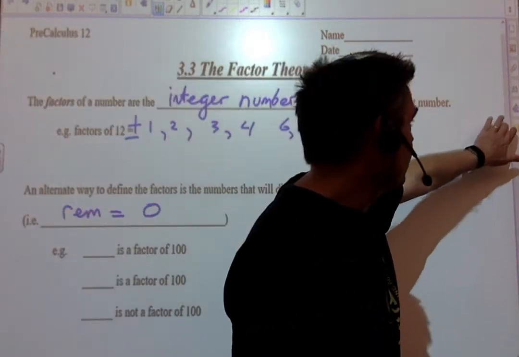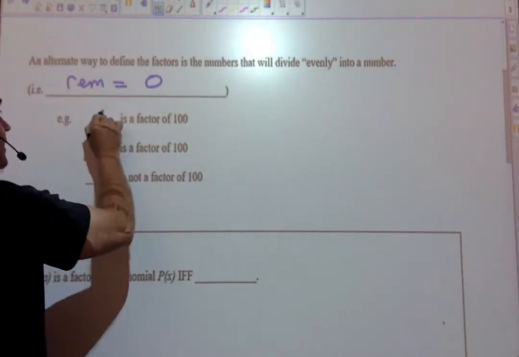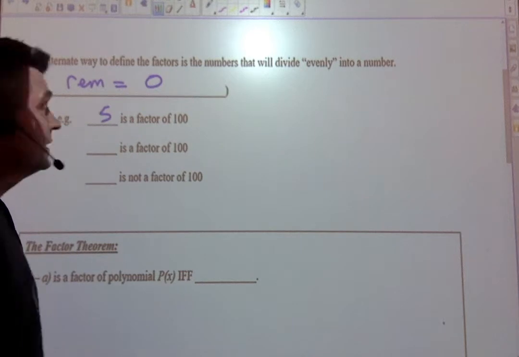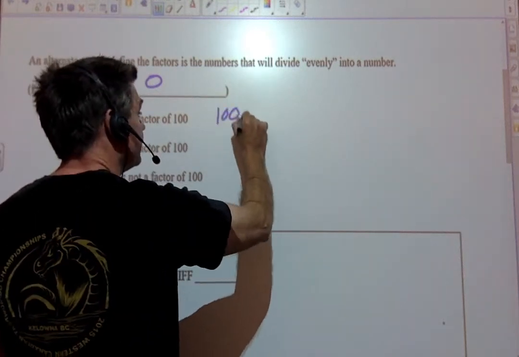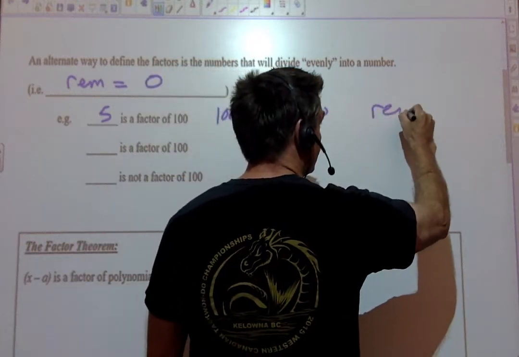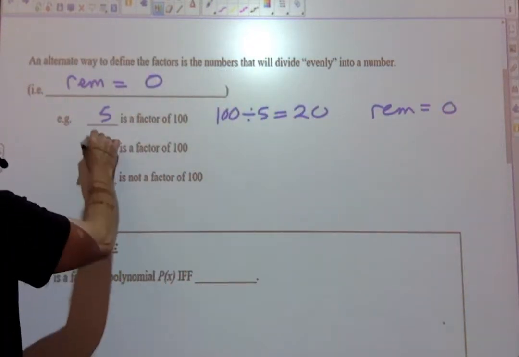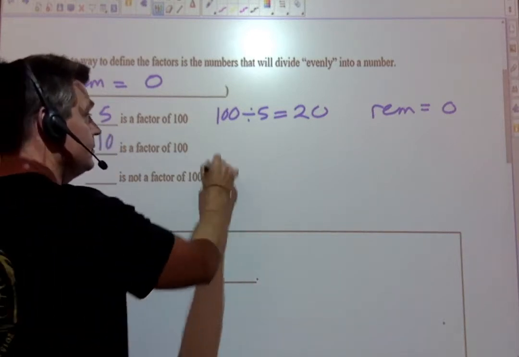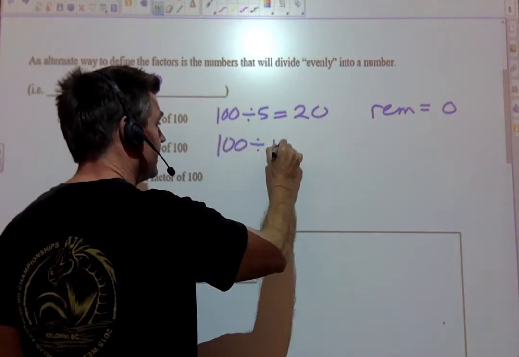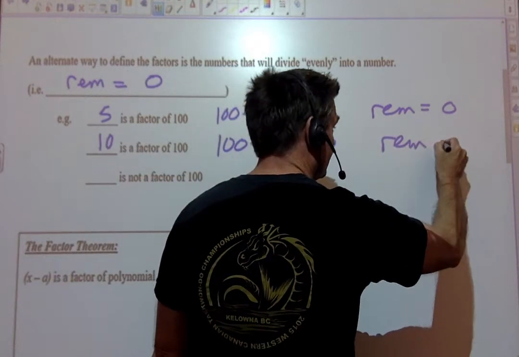So what do you mean by that? Well, let's think about it. 5 is a factor of 100. It is, because if I divide 100 by 5, that gives me 20 with a remainder of 0. There is no remainder. There's nothing left over. 10 is also a factor, because 100 divided by 10 gives me exactly 10.